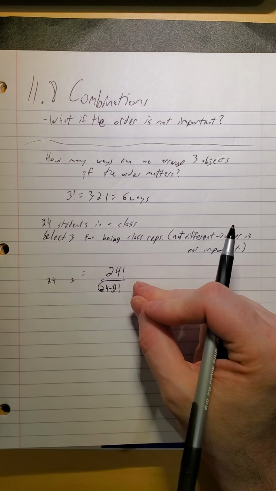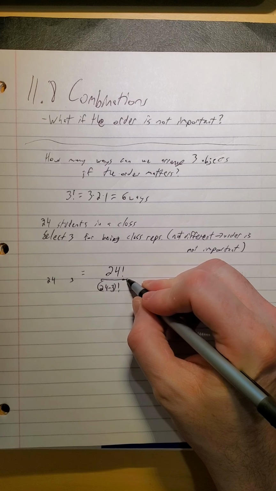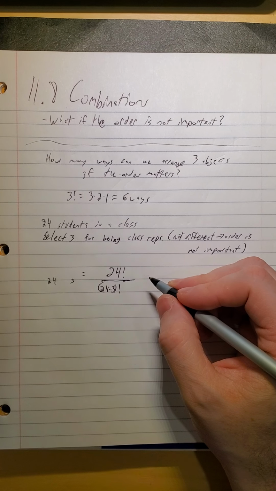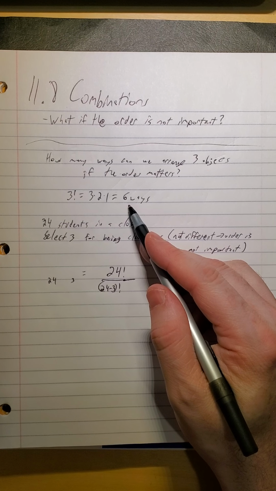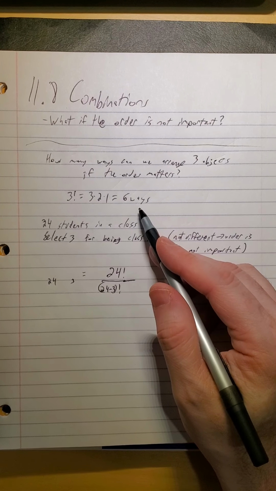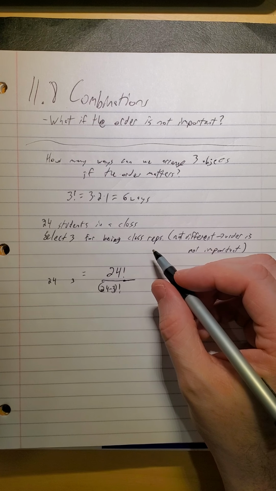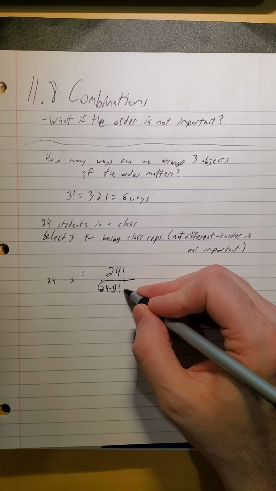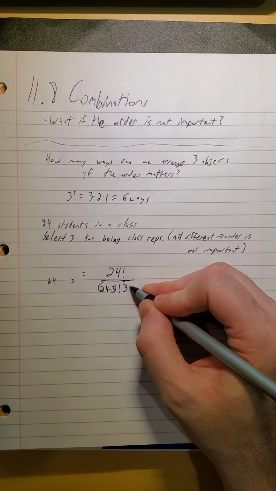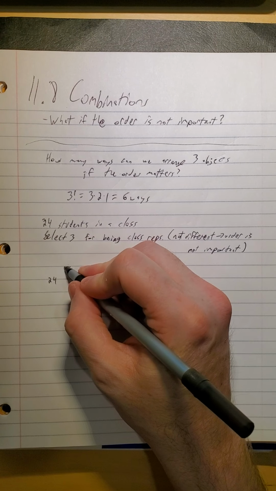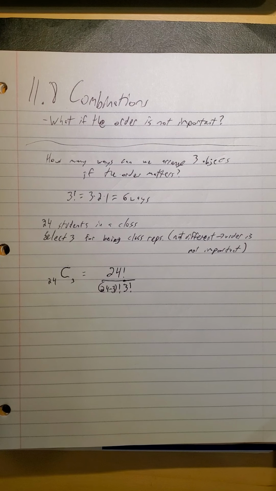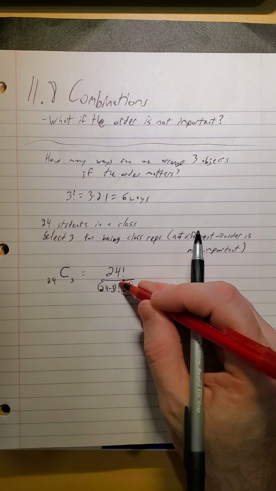But remember that each of these groups of 3 that we're choosing can be arranged in 6 different ways. So the permutation is overcounting by a factor of 6. So we would just divide also then by 3 factorial. This is the combination. So this is really the only new part.